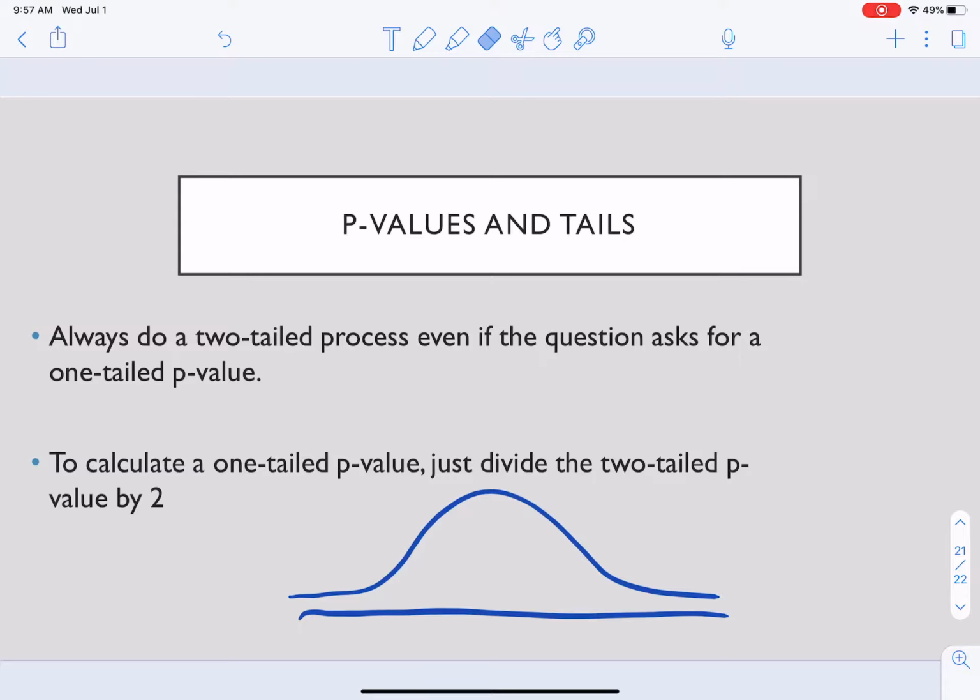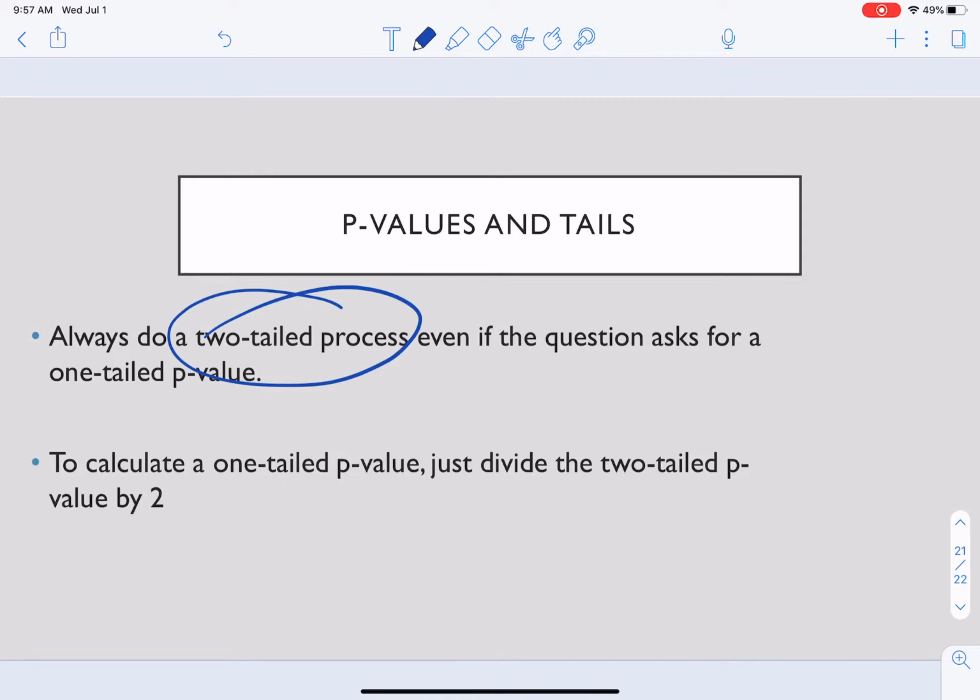What you can do is always do a two-tailed process first, even if your question is directional. If you have a one-tailed test, you can just find the p-value of the two-tailed process and divide it by 2, if you need a p-value that is one-sided, that is directional. And that's it.